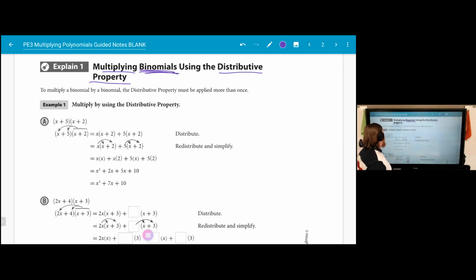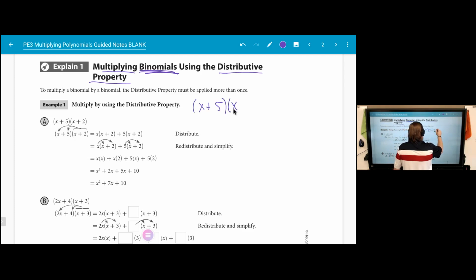Well, you can kind of already see it, but I'm going to write it over here anyway. I've got x plus 5 times x plus 2, right? These are two binomials. I need to multiply the first binomial by the second, or the second by the first, however you want to do it.